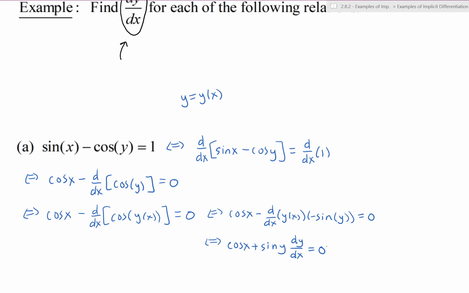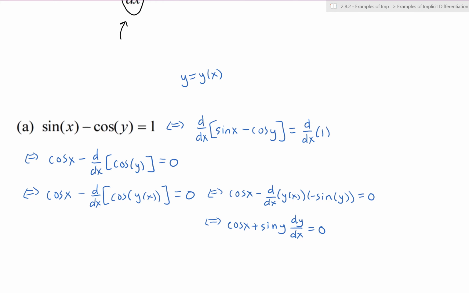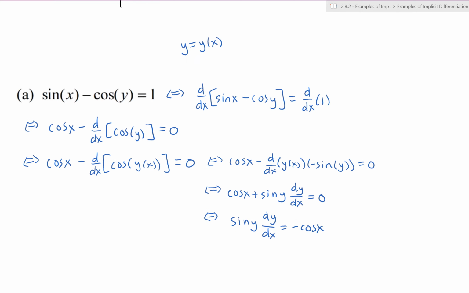Once we've done the differentiation process, the next step is to solve for dy/dx. I'll subtract cosine of x on both sides to leave sine of y times dy/dx equal to negative cosine of x, and then divide both sides by sine of y.